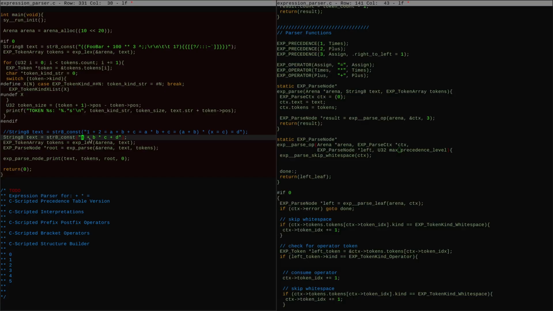So we parse A plus, and then we parse B, and we look at the times, and we compare that. This is stickier than this, right? So then we call recursively with this now as the left node, and with this now as the max precedence.